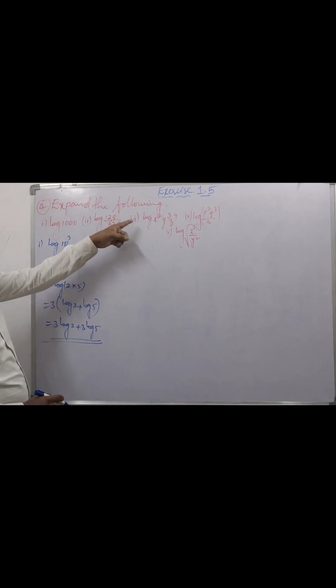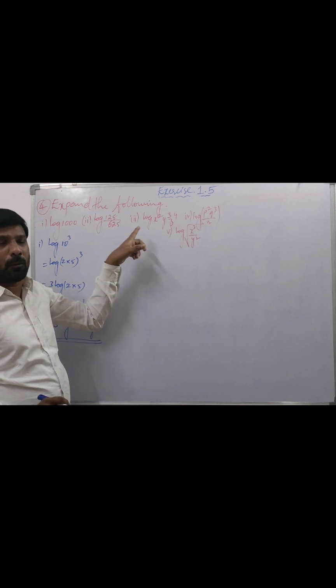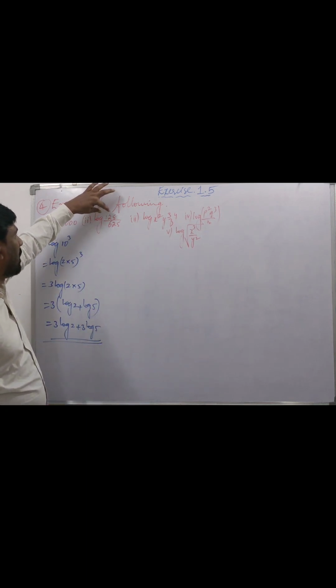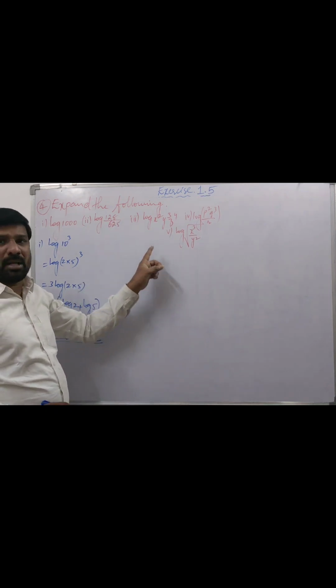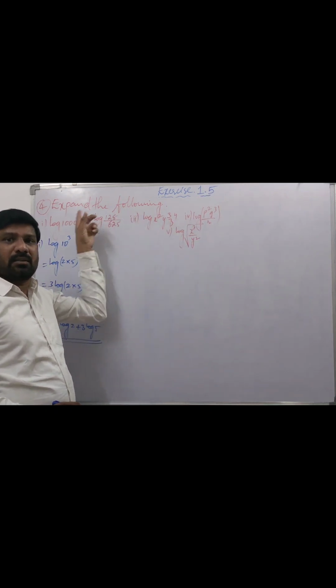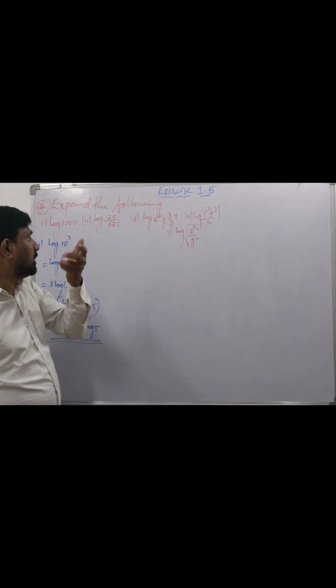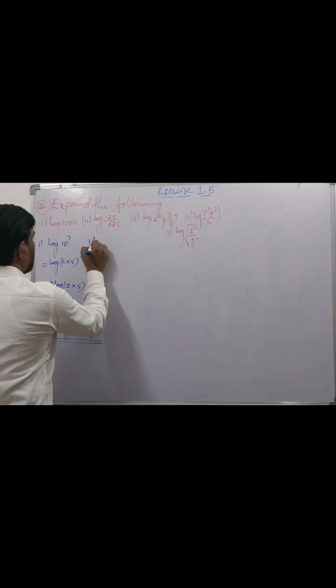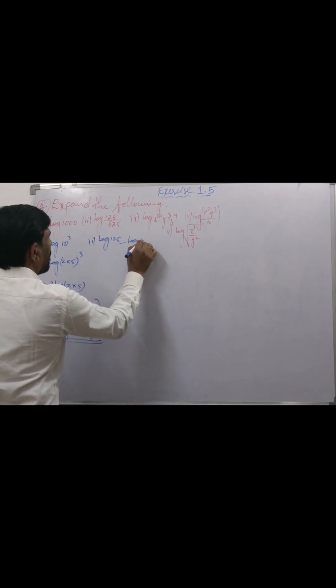Similarly, second problem, 128 can be written as 2 to the power 7. 625 can be written as 5 to the power 4. First of all you write log 128 minus log 625. Then log 2 to the power 7 minus log 5 to the power 4. Then 7 log 2 minus 4 log 5 is your required answer for this. Clear? Otherwise you can write down, no problem. This can be written as log 128 minus log 625.